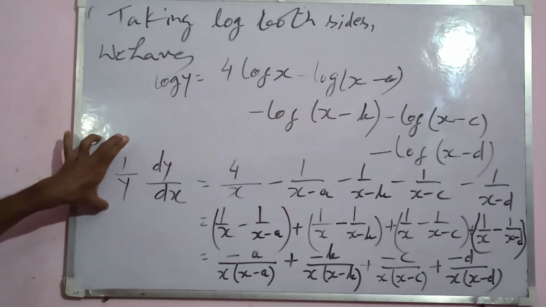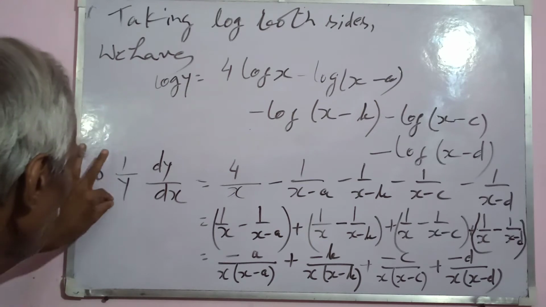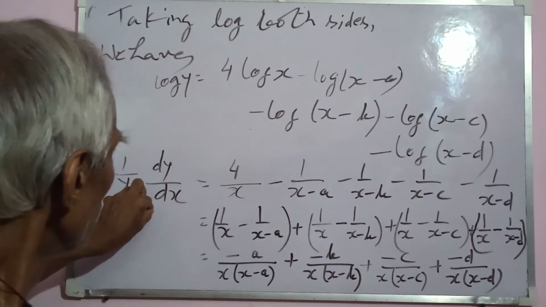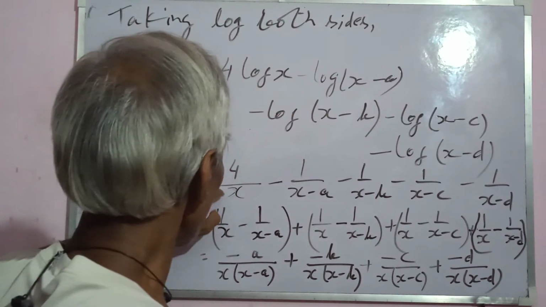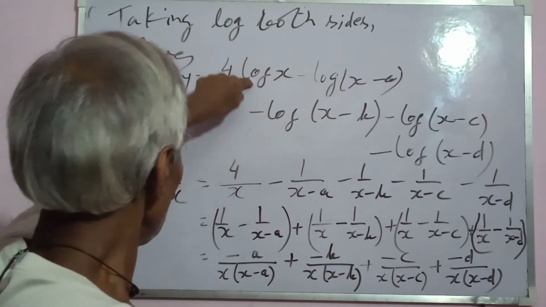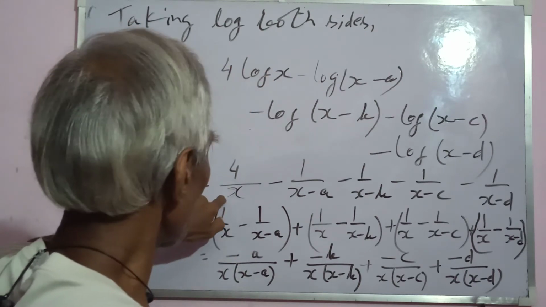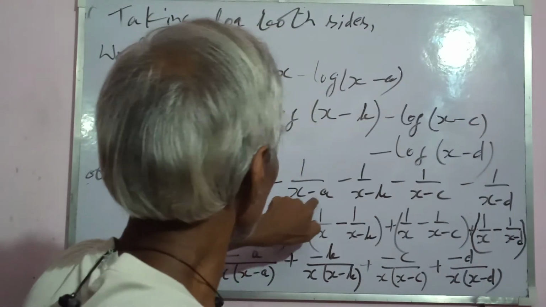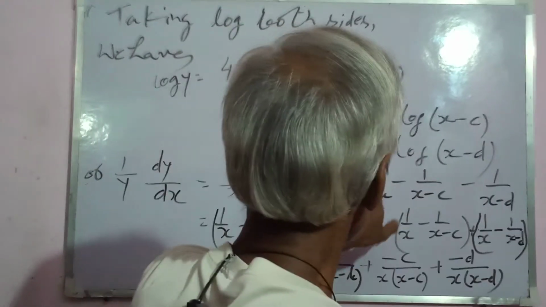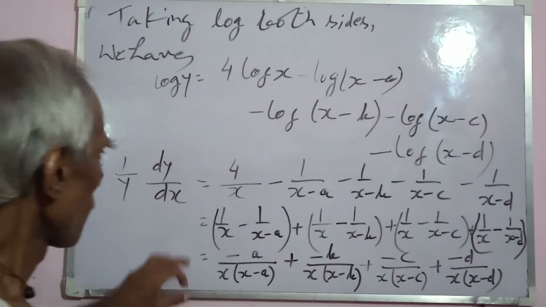Now, on differentiating, we will get 1 by y dy by dx is equal to 4 by x, since the derivative of log x is 1 by x. So it will be 4 by x minus 1 by (x minus a), minus 1 by (x minus b), minus 1 by (x minus c), minus 1 by (x minus d).